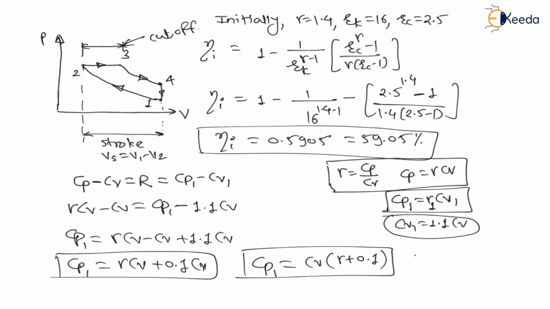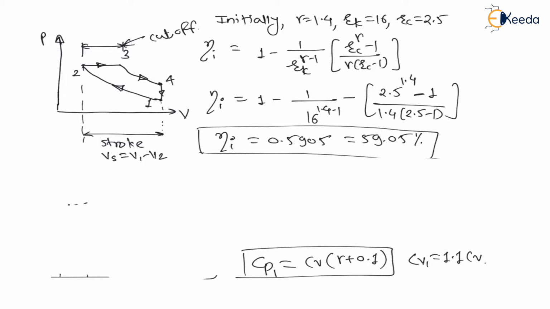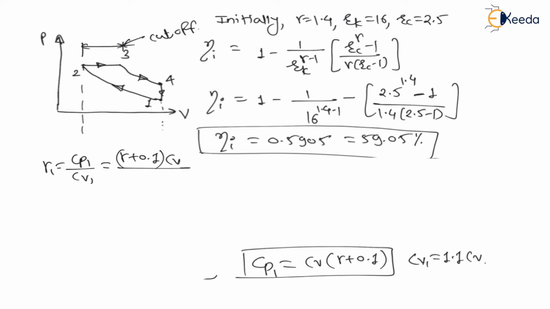This is Cp1, and Cv1 is already known, that is 1.1 Cv. So the ratio of them will be the new gamma. Let us find the new gamma for finding another efficiency. Therefore the new gamma, gamma 1, will be equal to Cp1 divided by Cv1, which is nothing but (gamma plus 0.1) Cv divided by 1.1 times Cv.